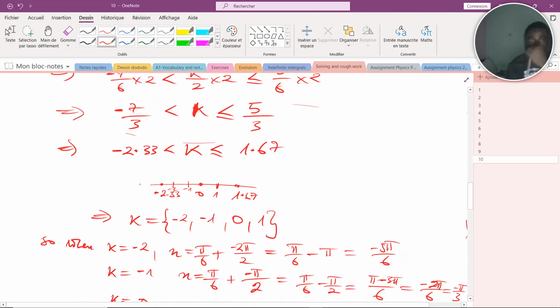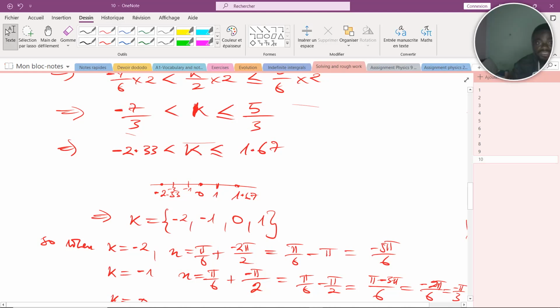You then represent it on a number line. You are supposed to do this on your rough work, not on this paper. You represent your numbers for you to easily see the integers that you are supposed to take. From there, I easily see that the integers I'm supposed to take are -2, -1, 0, 1. Is that okay?